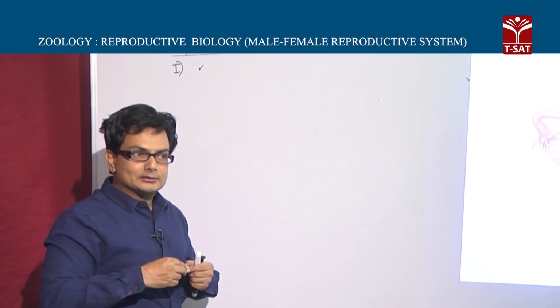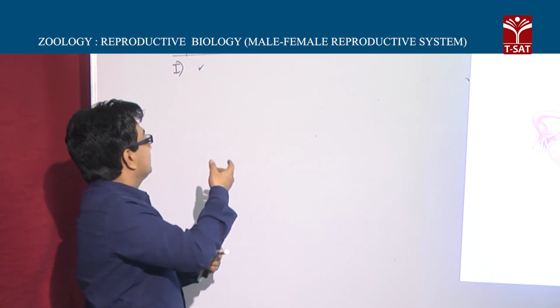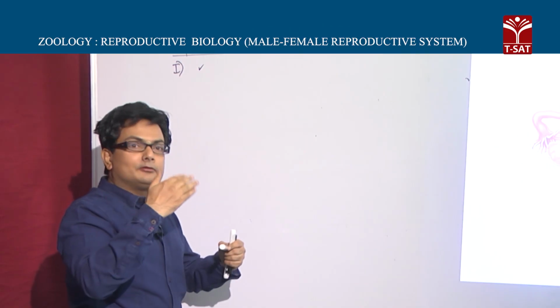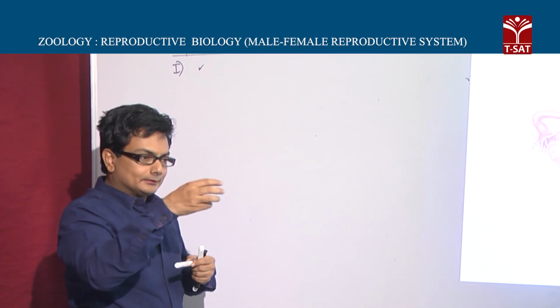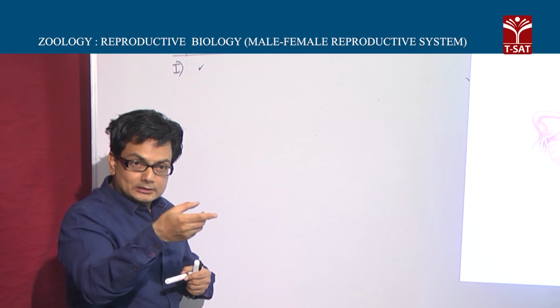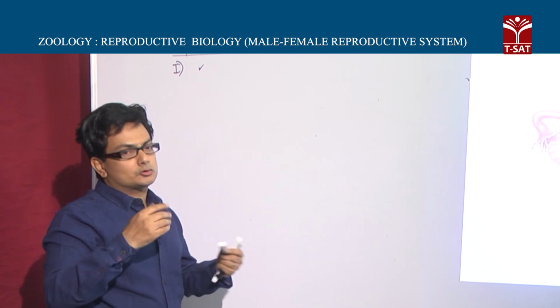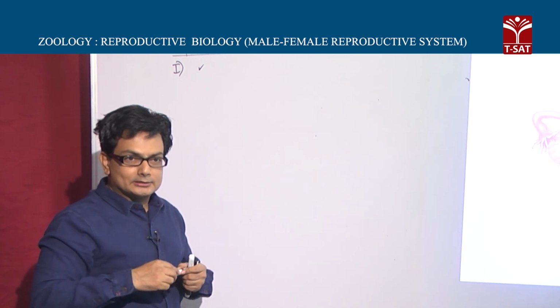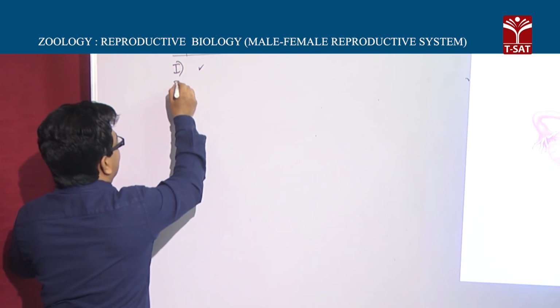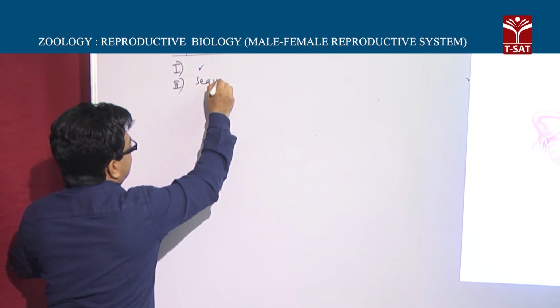That's a straightforward answer. Or another type, in between the seminiferous tubules, the presence of endocrine cells called the Leydig cells producing testosterone. So that's a straight answer. And second possibility, sequence.